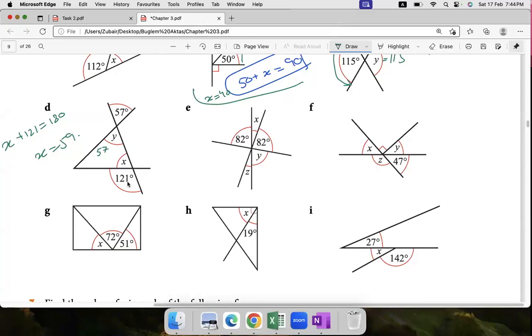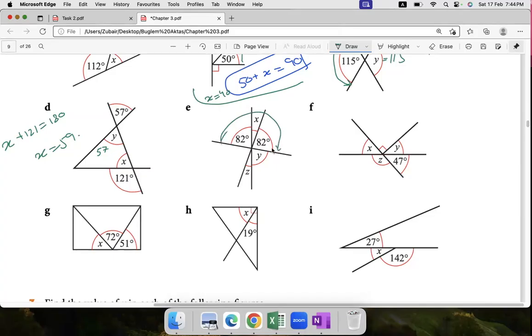This is interesting. What should we go after first, x, y, or z? Y. Okay, if we are looking for y, oh no. We should go for X first because it's on a straight line, so it would be easier to solve.